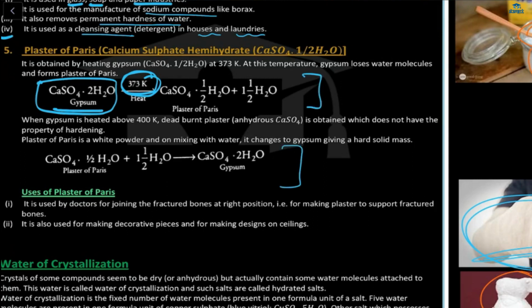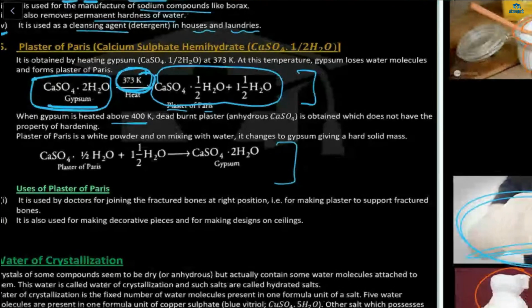Okay? So if you heat gypsum, then what will happen? It will form plaster of Paris. This is the formula of plaster of Paris: CaSO4 dot half H2O. When gypsum is heated above 400 Kelvin, a dead burnt plaster is obtained, which does not have the property of hardening.